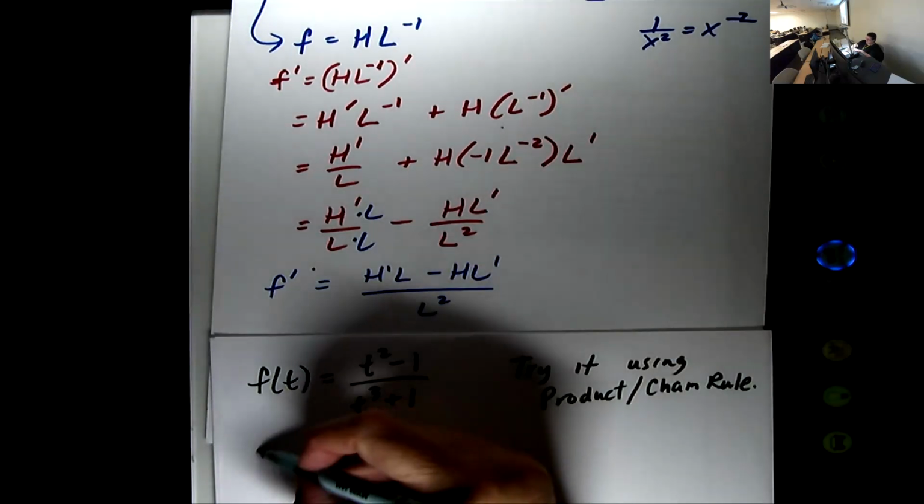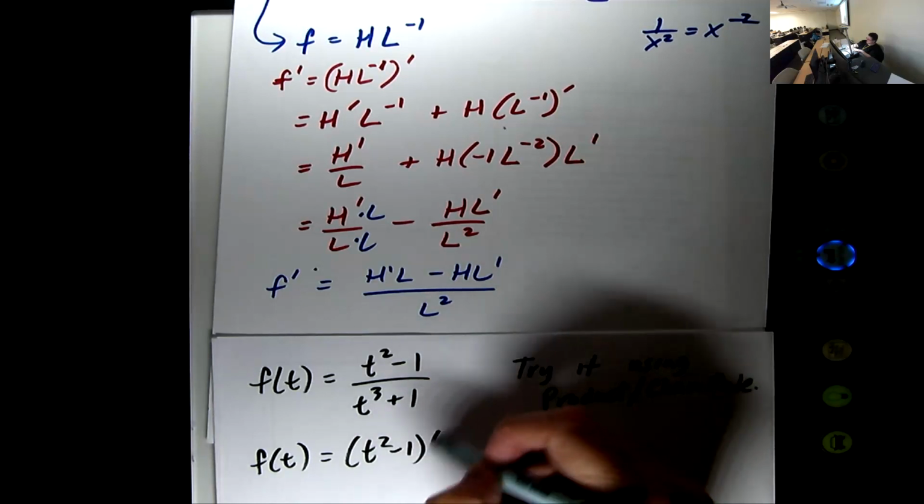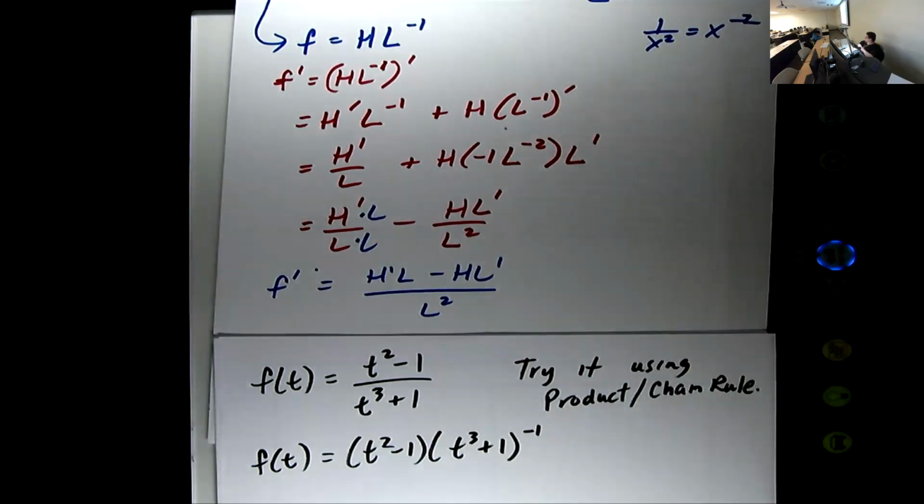Like rewrite it as t squared minus 1 times t cubed plus 1 to the negative 1. And go from there. I'll give you a couple minutes and try to work this out. It's good practice.